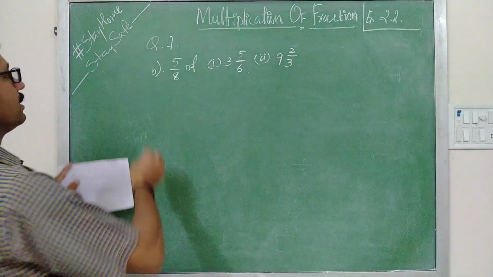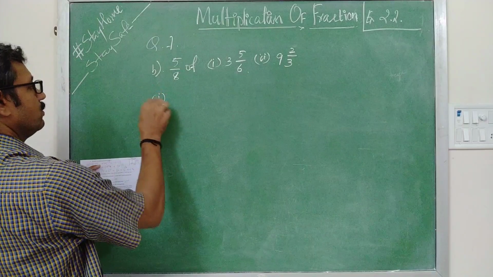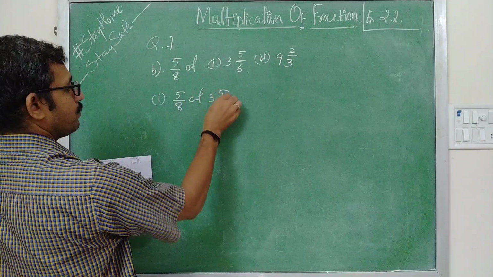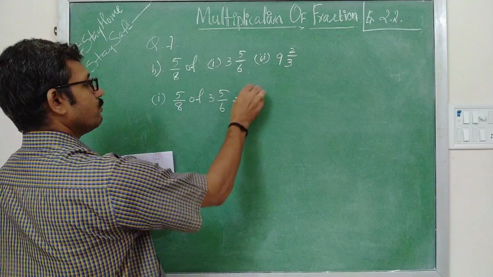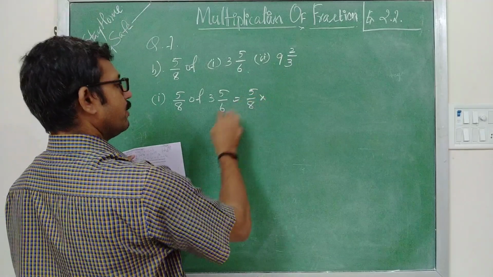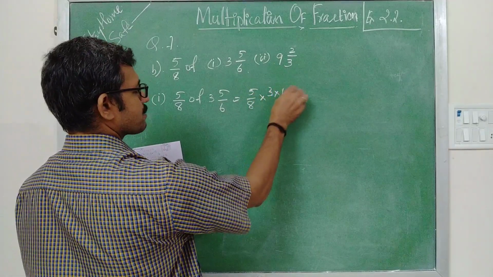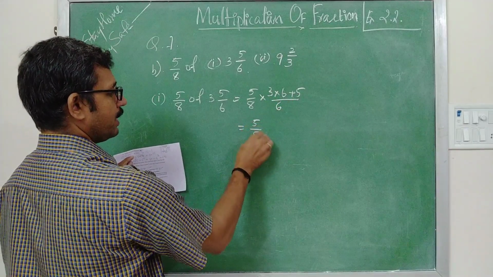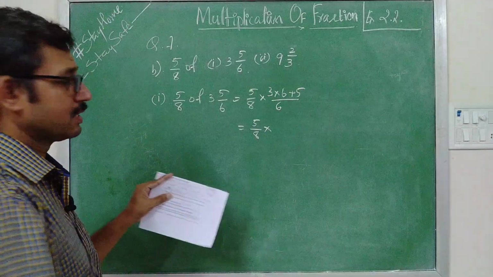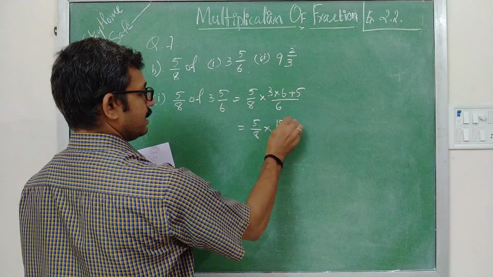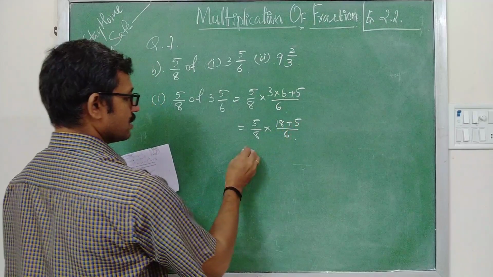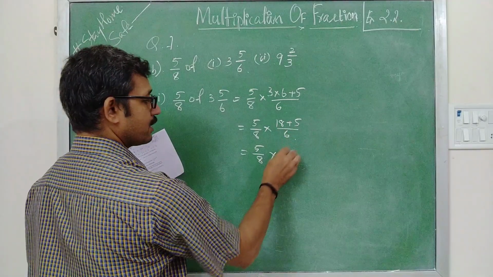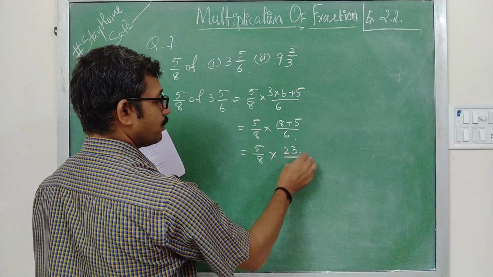Now see, first one we will do. That is 5 upon 8 of 3 integer 5 upon 6, which is equal to 5 upon 8 into, now we convert, 3 into 6 plus 5 upon 6. 3 sixes are 18 plus 5 upon 6, so which is equal to 5 upon 8 into, while adding, 23 upon 6.